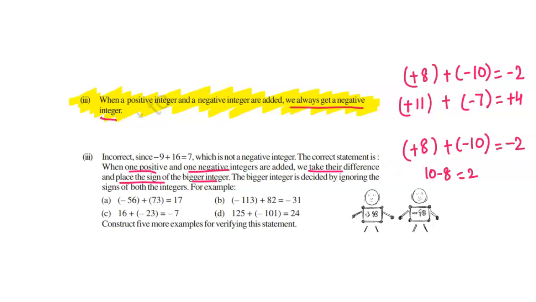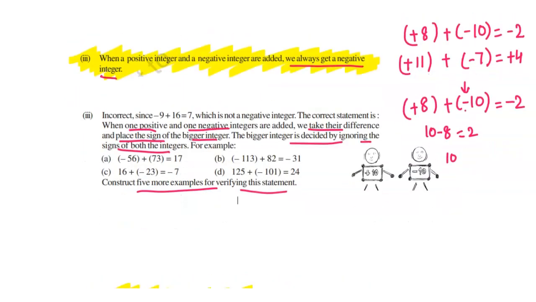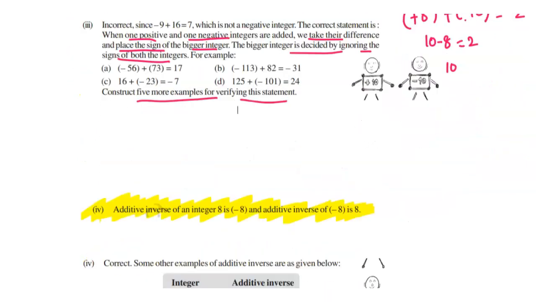The bigger integer is decided by ignoring the signs of both the integers. If out of these two we ignore the positive and the negative sign, the bigger integer is 10. So we are going to put the sign of that, negative 10. You can construct 5 more examples and verify this statement and write it down in the comment section below.